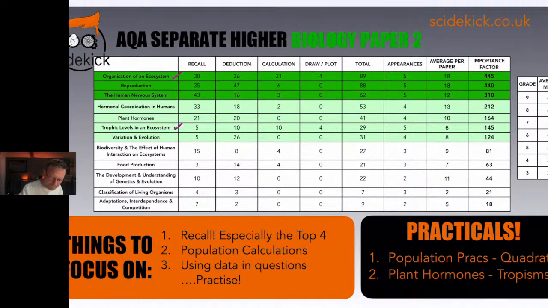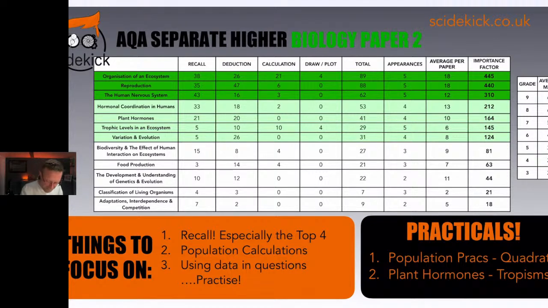The other ones are reproduction and hormonal coordination. They link together very, very well, especially in terms of testosterone and luteinizing hormone and progesterone and estrogen and all that stuff. And the human nervous system is your other big one, which is just on its own really. So those are your top 3.